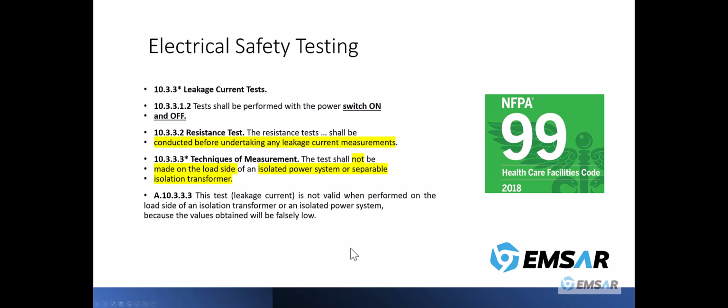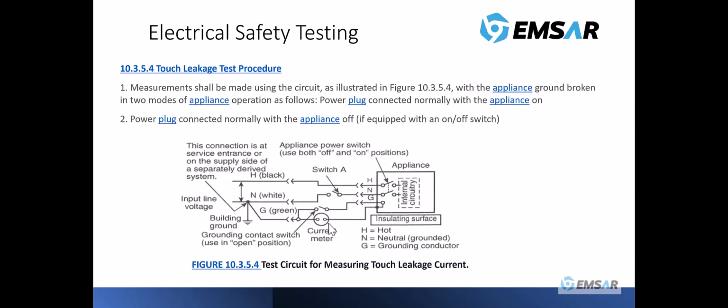The reason for this is that the leakage test current readings will be erroneously low, and there's no adjustment for that. So we could have a device that's over tolerance, over the limit, and just not know it because the readings will be low.